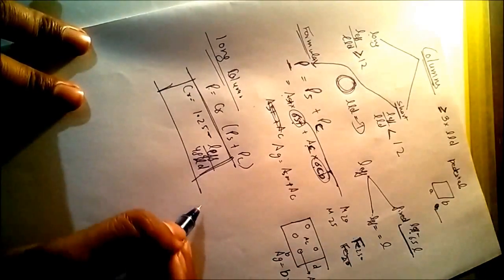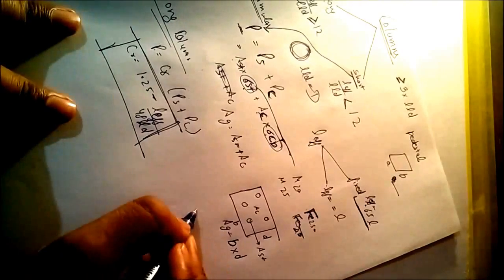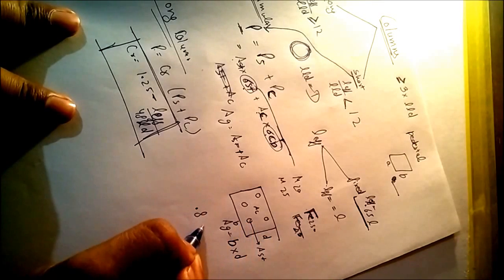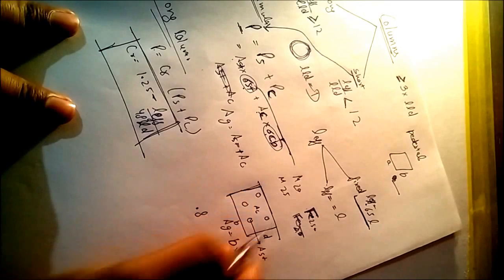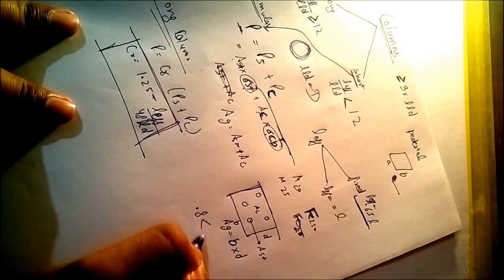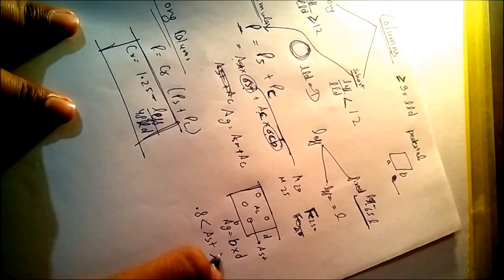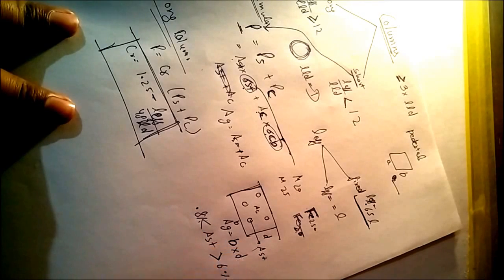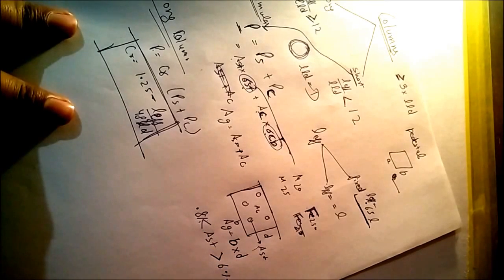Now for the column, it is necessary to provide 0.8% steel, and the area of steel in the cross section will be greater than 0.8% and smaller than 6% of the gross section area.